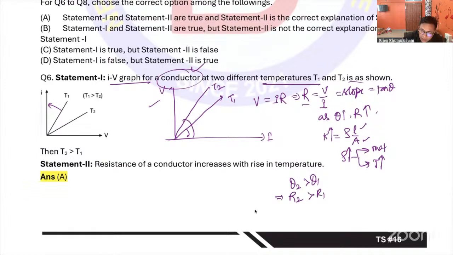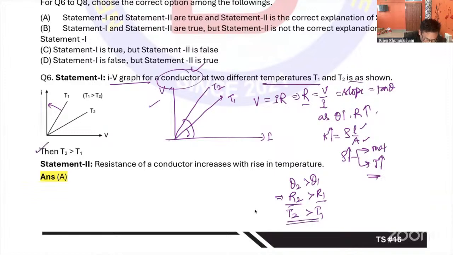Since length and area are constant and the material is the same, resistance depends solely on temperature. For a conductor, as temperature increases, resistance increases. So as R2 is greater than R1, T2 will be greater than T1.